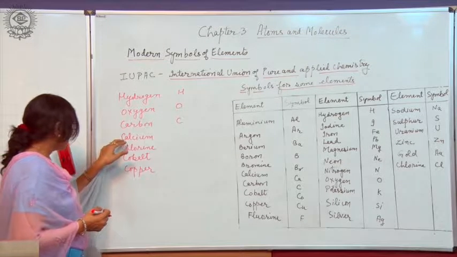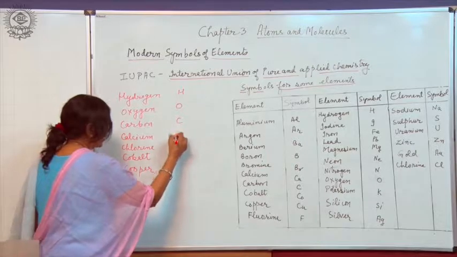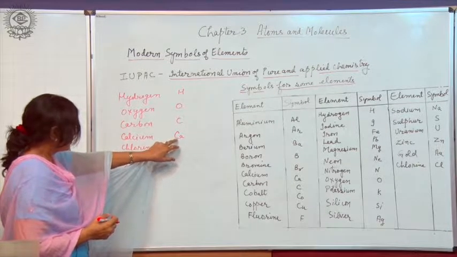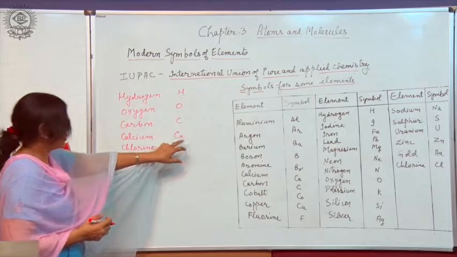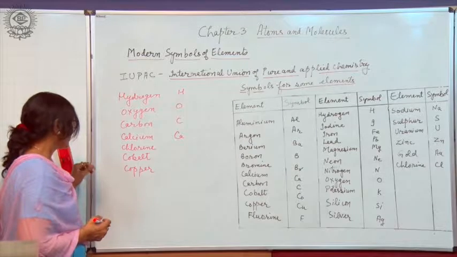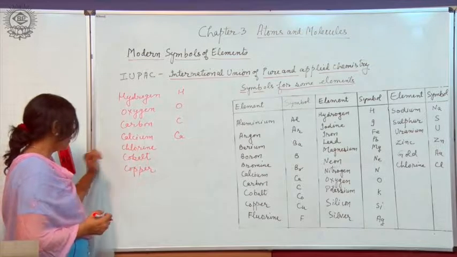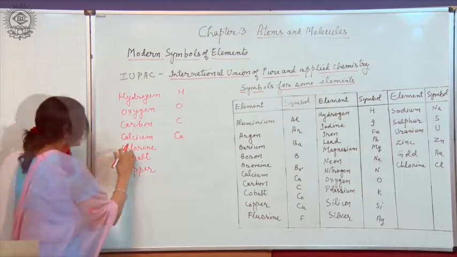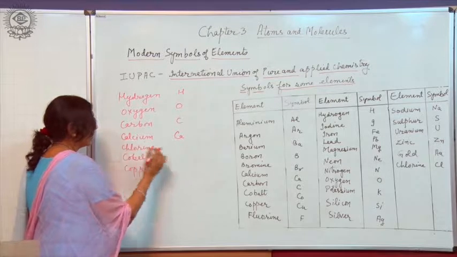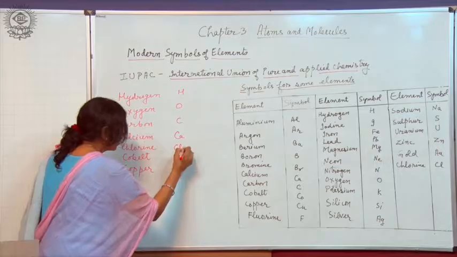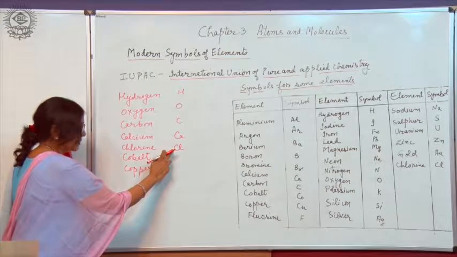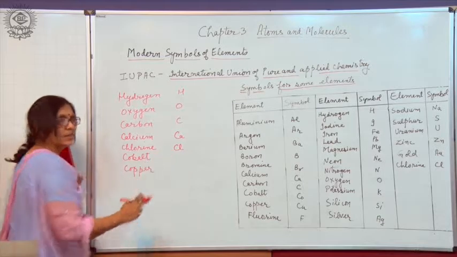So in this case, the first two letters were taken as the symbol. The first letter is written in the upper case, and the second is written in the lower case. In the case of chlorine also, Cl. So first and the third letter form the symbol of chlorine. Here also the first letter is in the upper case, the second in the lower case.